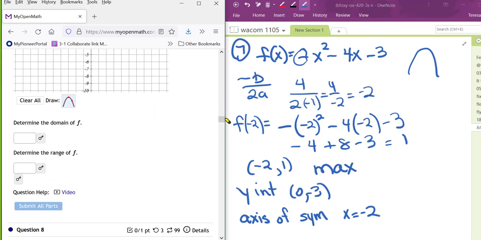And it gives the domain and the range. Domain is negative infinity to positive infinity. For our range, if we don't have the picture, because some of them you'll do it without the picture, all right, we know it's a max, and we know this is the vertex.